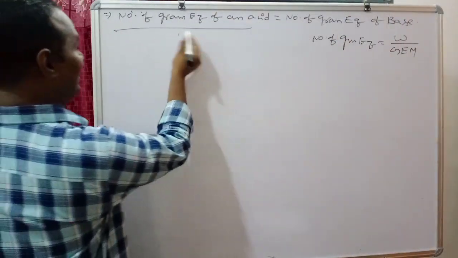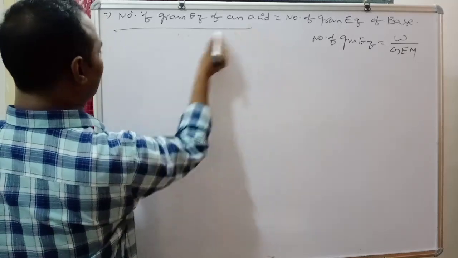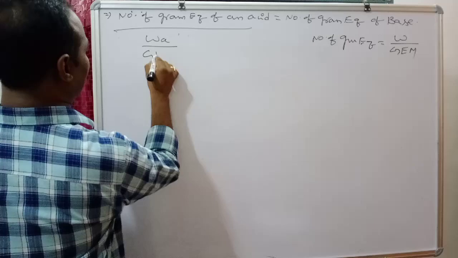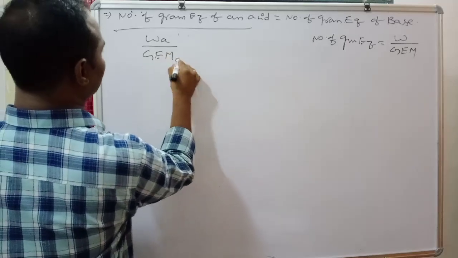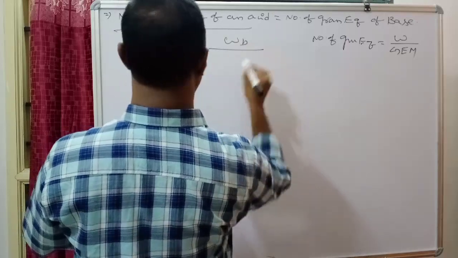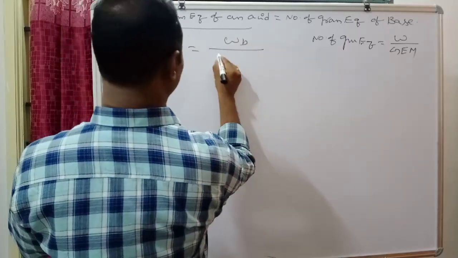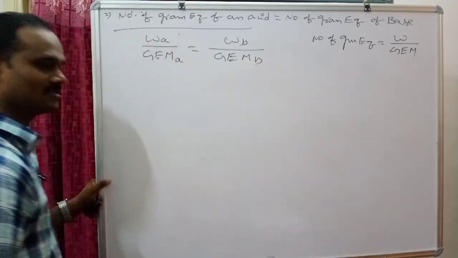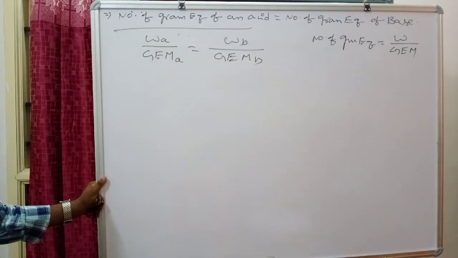Here, for acid, the number of gram equivalents is mass of acid by gram equivalent mass of acid, equal to mass of base by gram equivalent mass of base.